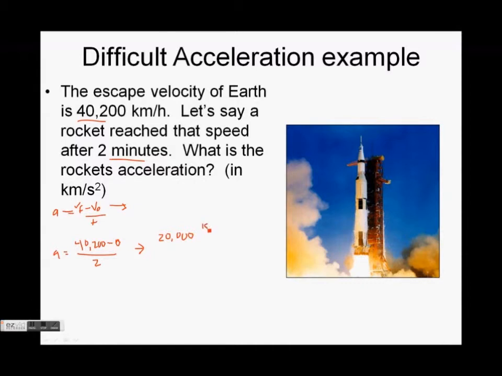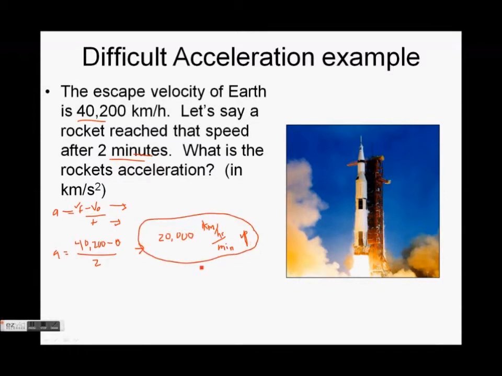The velocity was measured in kilometers per hour. What was my time measured in? It was in minutes. And then, of course, I need my direction, and let's just say up, because it was going up.